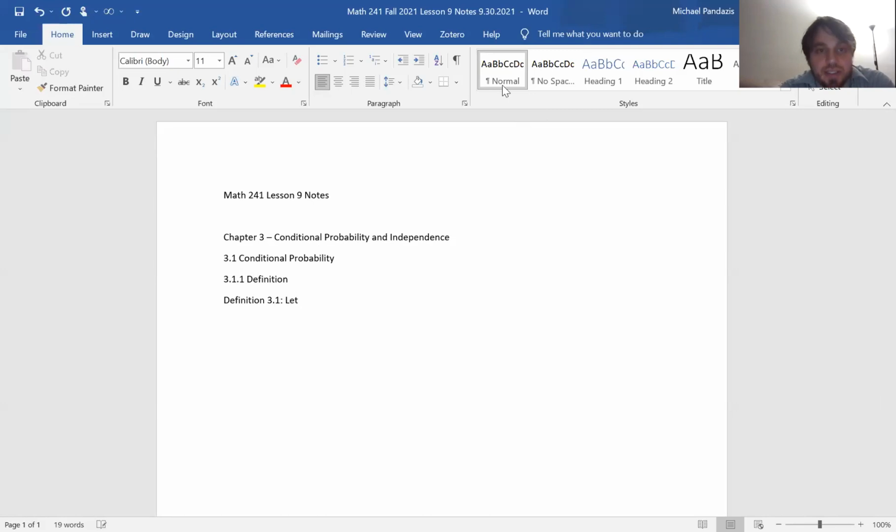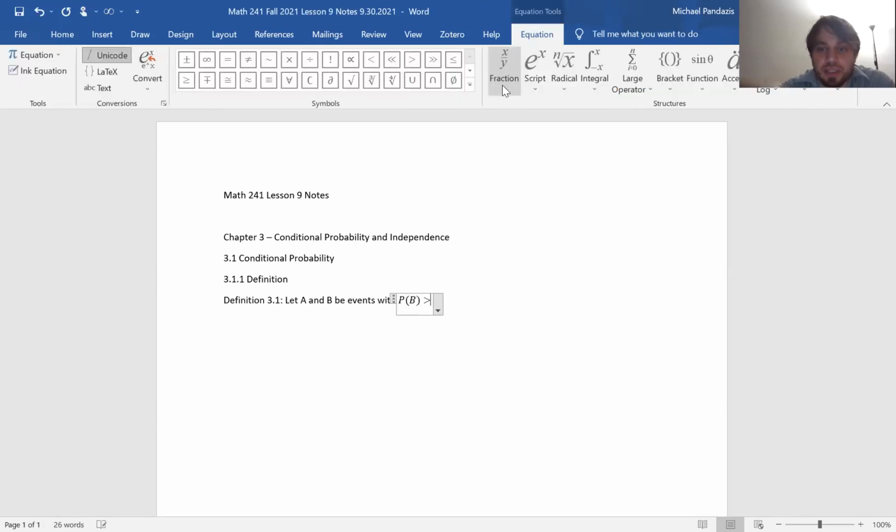Let A and B be events with the probability of B positive.